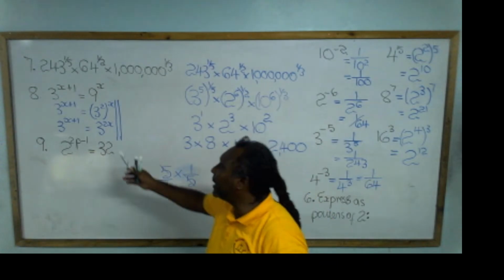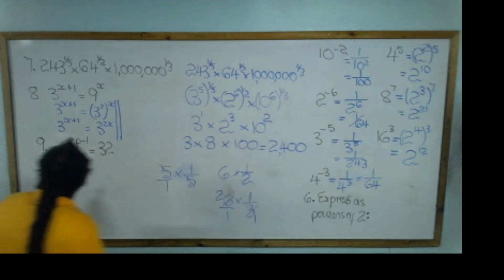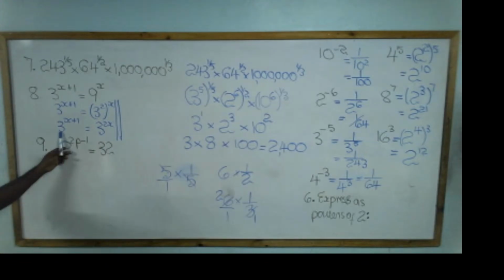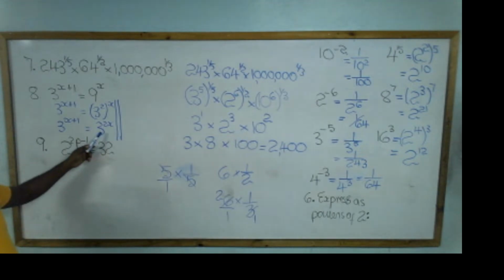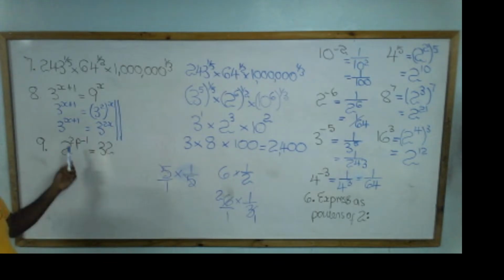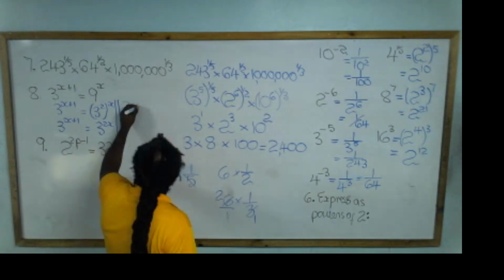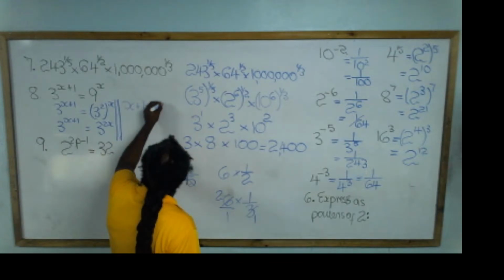So now you may arrive at the conclusion that if you have 3 raised to this power and the same 3 is raised to this power, and the results are the same, the powers must be the same. So we have x plus 1 is equal to 2x.